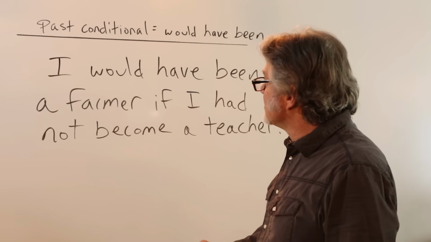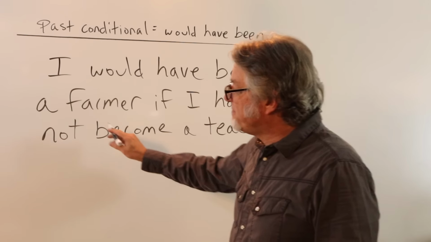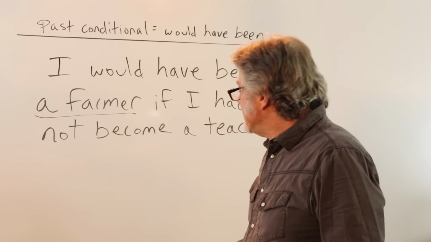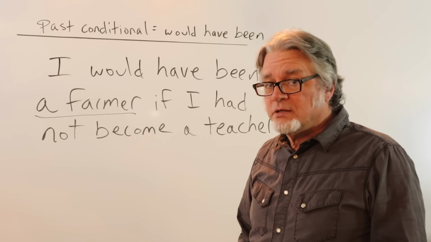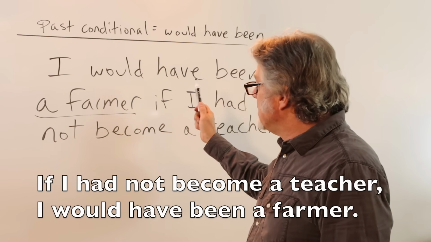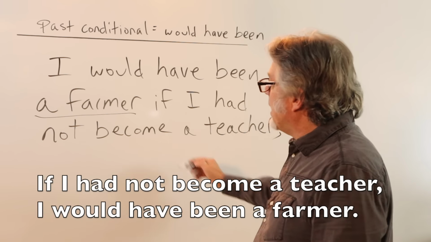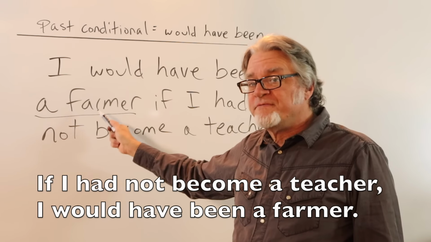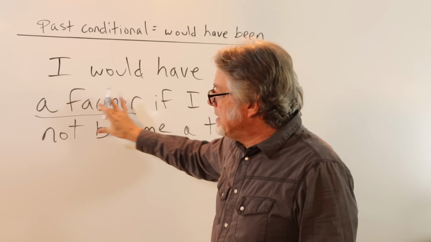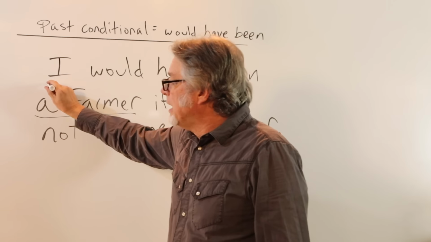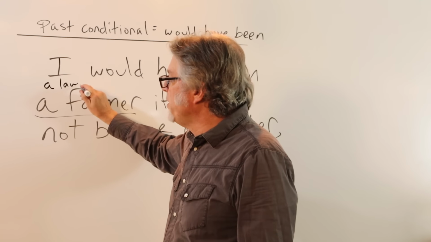So in this sentence, I would have been a farmer, this is the occupation, if I had not become a teacher. Or, if I had not become a teacher, comma, I would have been a farmer. You could put any kind of occupation here. I would have been a lawyer.